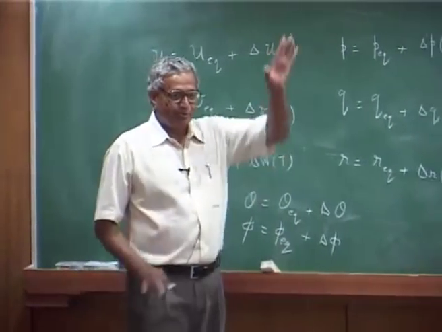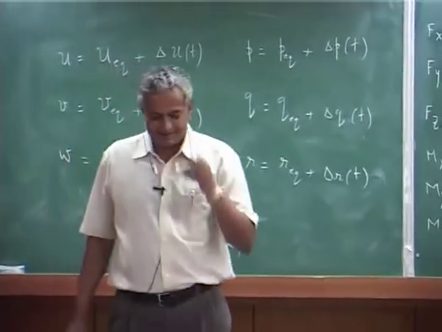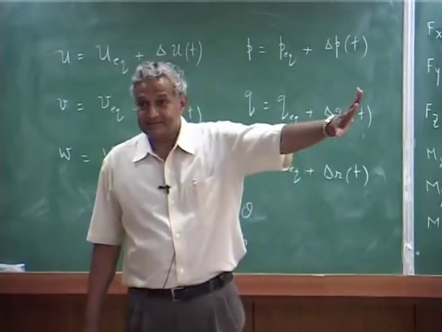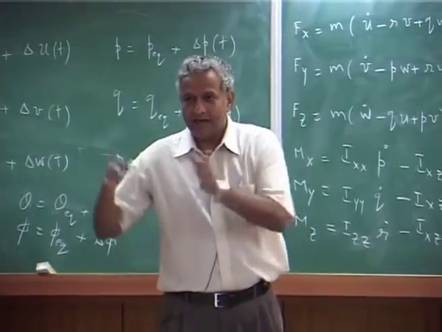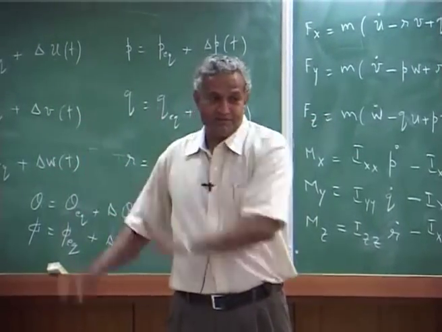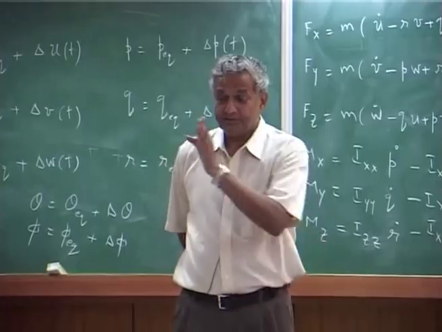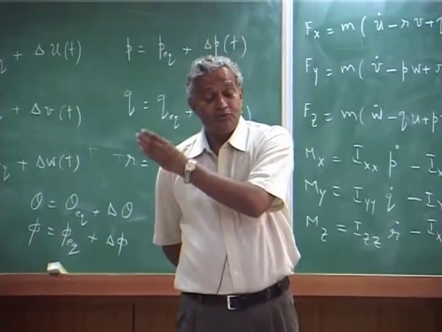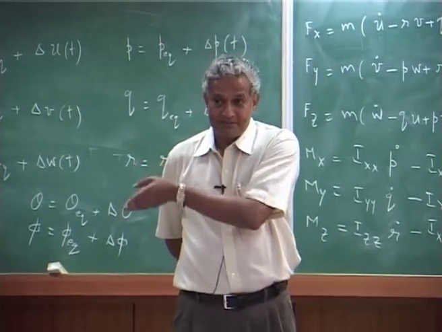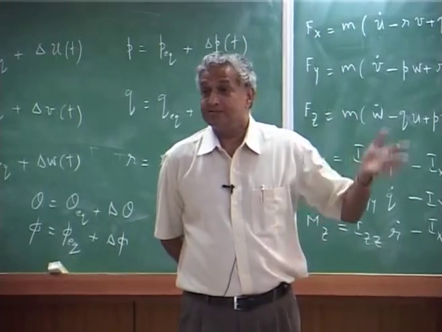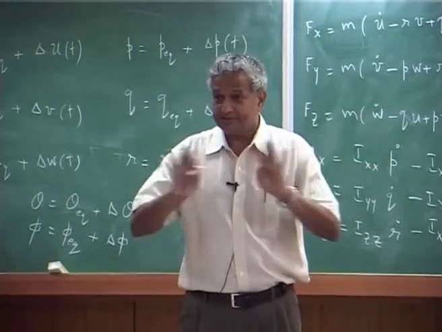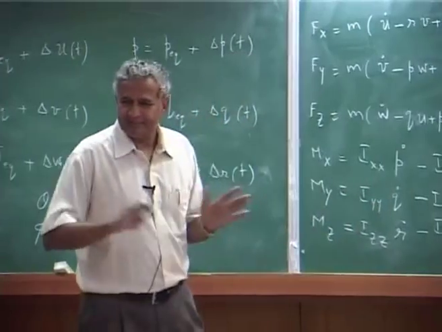Now, I will have one set of equations, I call it the steady state equilibrium equation, and another is the perturbation equation. Perturbation equation, I need to use it for my stability, whereas equilibrium I use it for my trim. This is how it is done, otherwise you will go nuts.